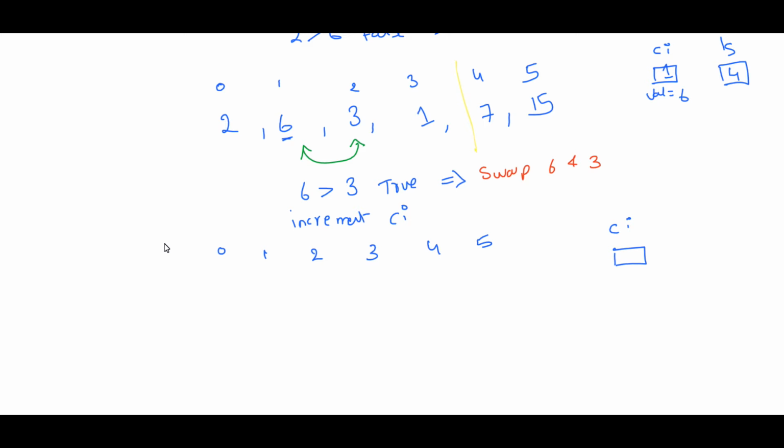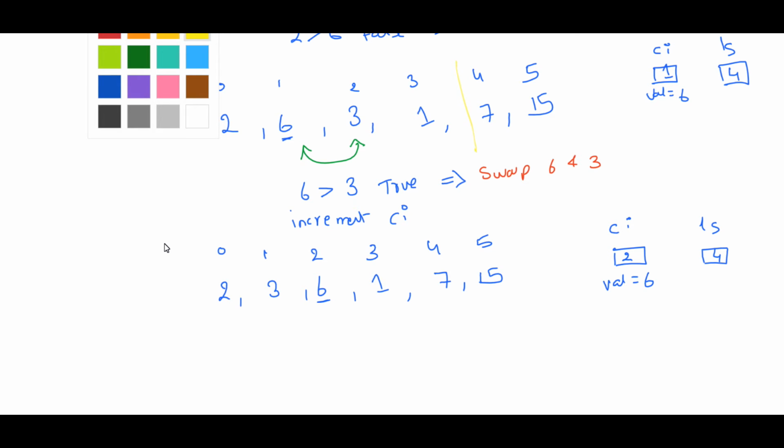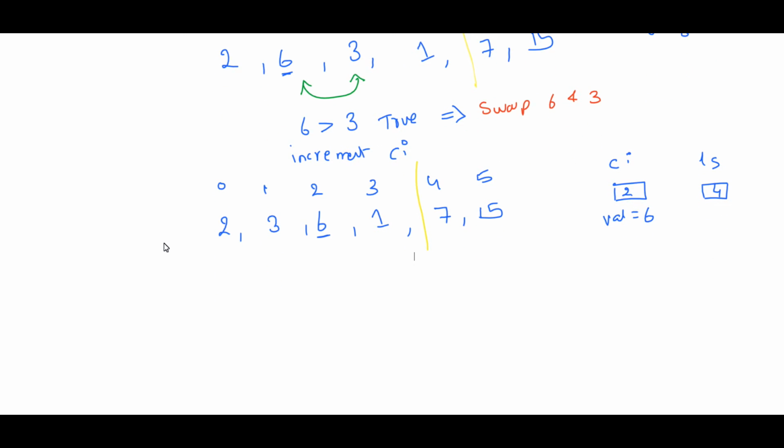CI is pointing to position 2, value is going to be 6, LS is at position 4 and 2, 3, 6, 1, 7, 15, and that's the sorted part.